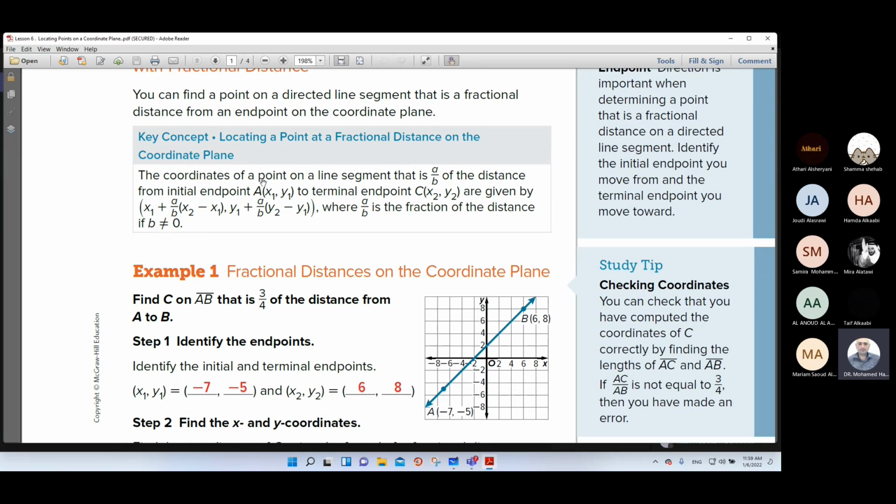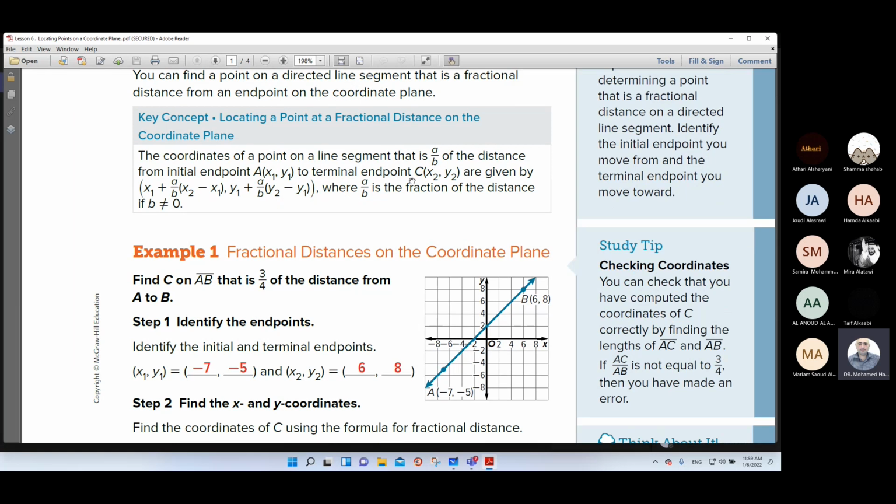The coordinates of a point on a line segment that is A over B of the distance from initial point A (x1, y1) to terminal endpoint C (x2, y2) are given by this formula: x1 plus A over B multiplied by x2 minus x1, and y1 plus A over B multiplied by y2 minus y1, where A and B form the fraction of the distance.